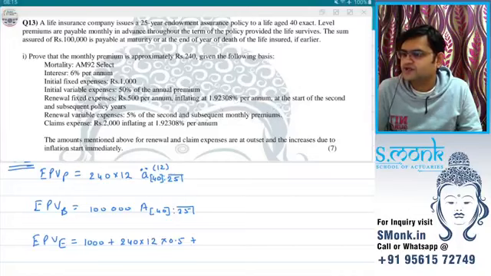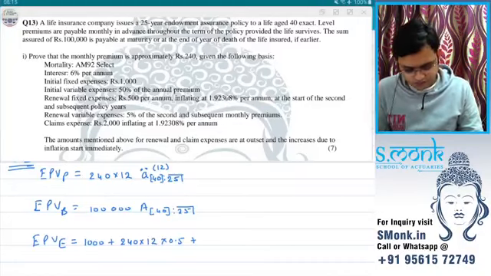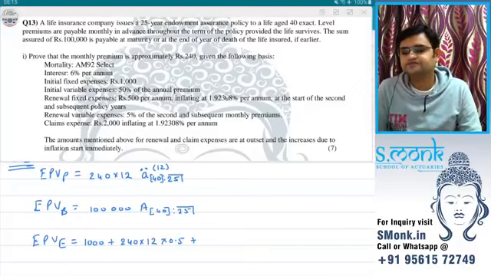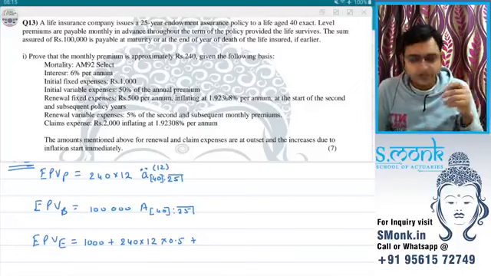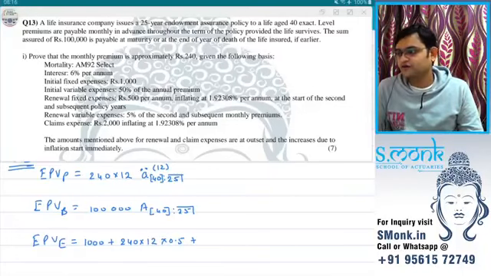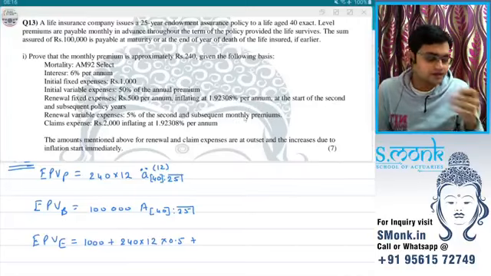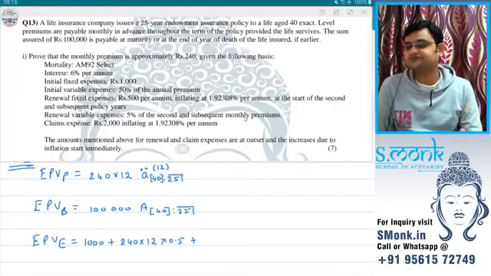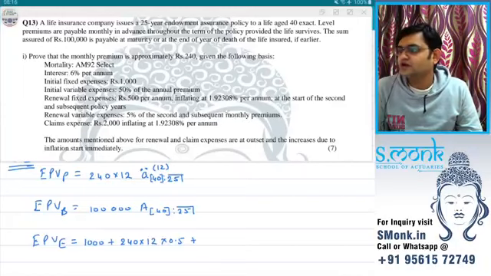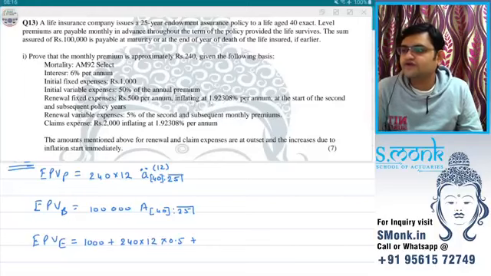So this fixed expense, 500 per annum inflating at this value, goes from second year, third year, fourth year, fifth year, and so on. This is an annual value, whereas the renewal variable 5% of the second and subsequent monthly premium is a monthly value. So first let's talk about the renewal fixed expense.